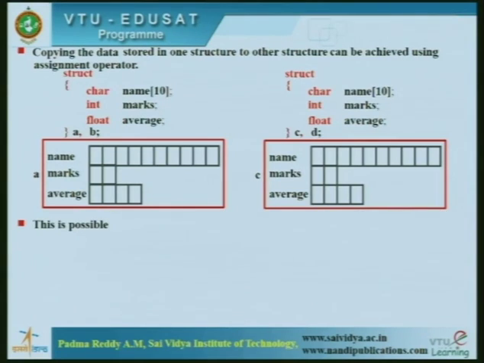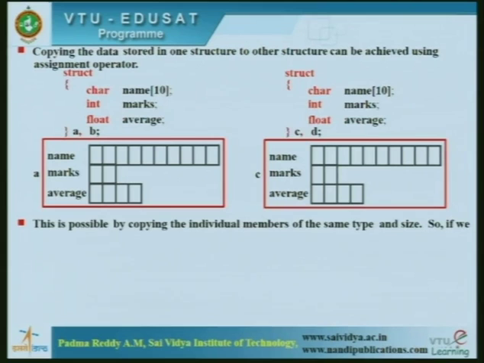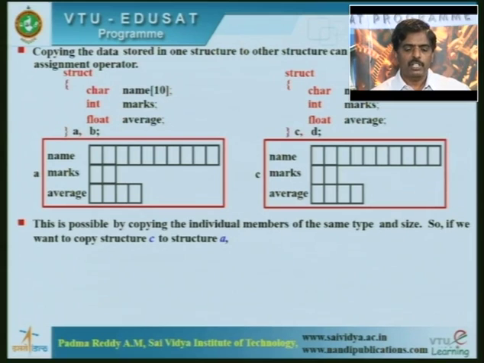Now the question is how to copy the data stored in one structure to another structure. This is possible by copying the individual members of the same type and size. For example, if you want to copy structure C to structure A, we cannot write A equal to C.